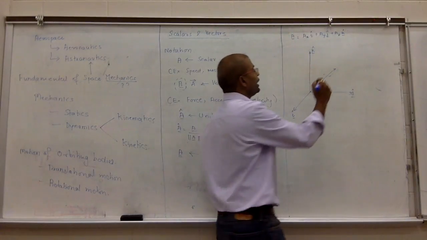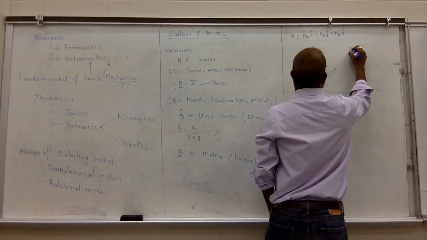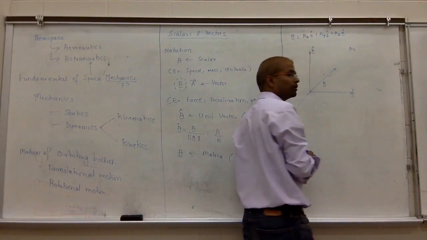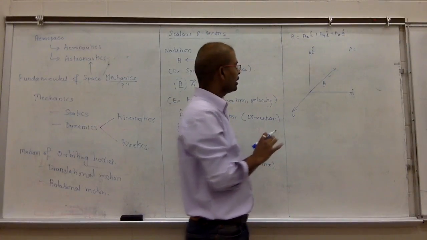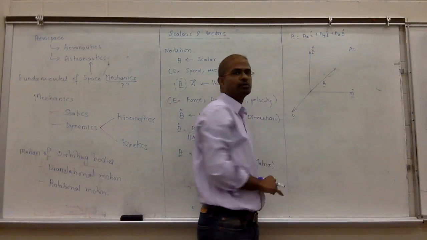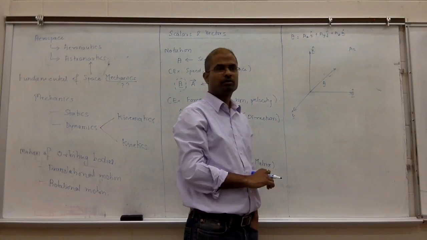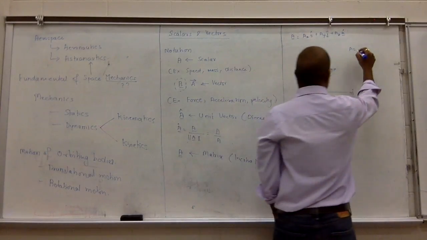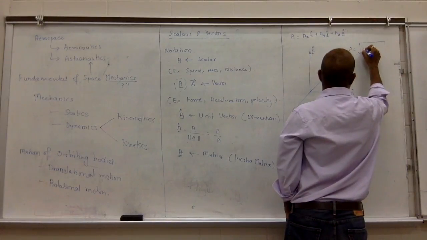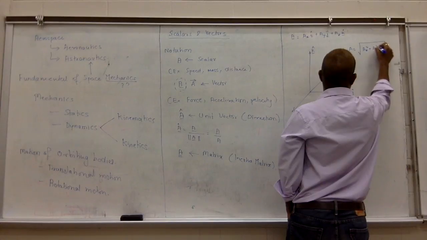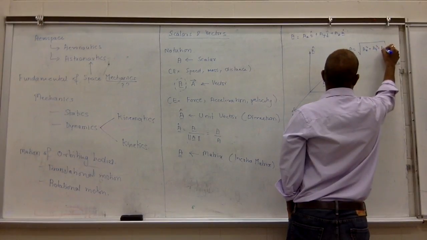And here, what is A? This A, scalar A, is essentially the length of this vector. So that would be simply the square root of ax square plus ay square plus az square.